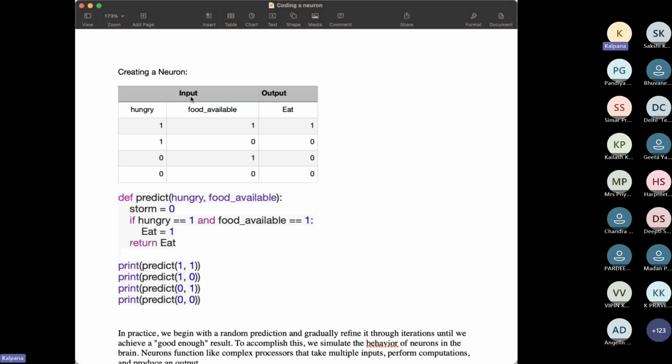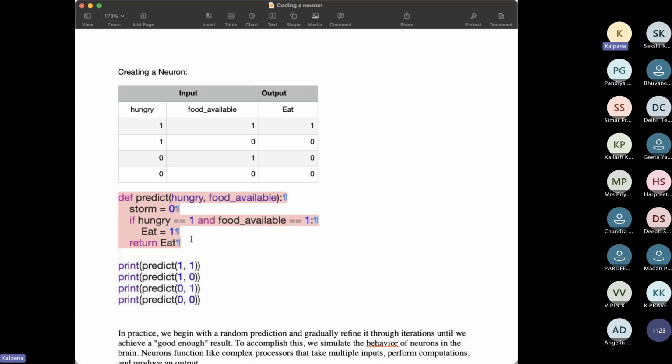Okay. So I hope this table is quite clear to all. Now we are writing the function predict. If this is hidden, like eat is not there, if we hide this field altogether, then with hungry and food available, a decision has to be taken whether eat is active or not. So we are writing a function in Python.